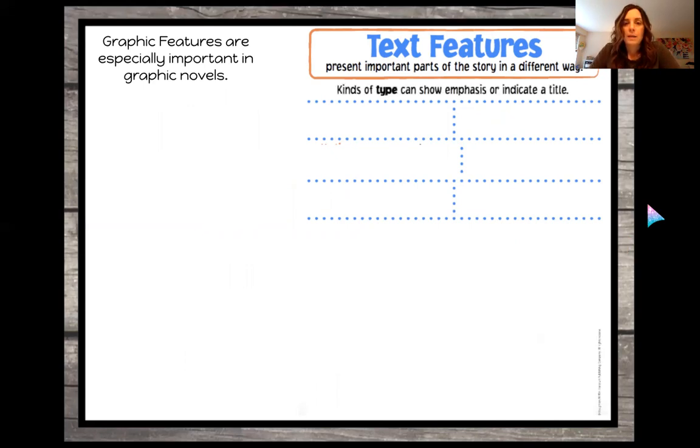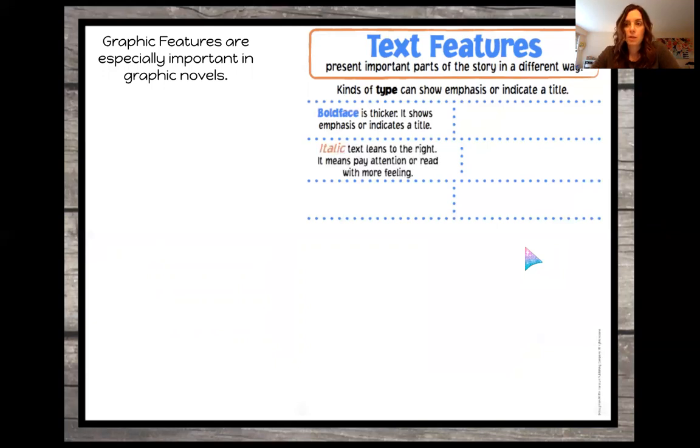So let's start with text features. Different kinds of type can show emphasis or indicate the title of a page. Sometimes boldface shows emphasis or indicates a title. There's italic text, which leans a little bit to the right, and that means pay attention or read this part with a little bit more feeling. Large text might be more important than smaller text.